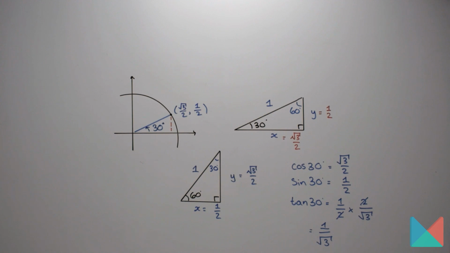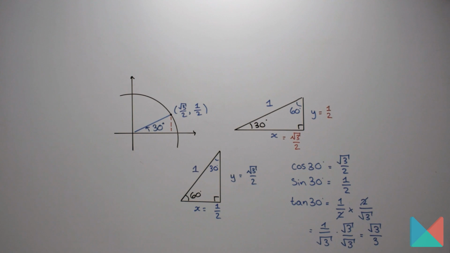And for completeness, let's leave our answer in the simplest form by rationalizing the denominator. So we're going to times and divide by root 3 on 3. And this is going to be root 3 times 1, which is the square root of 3, divided by root 3 times root 3, which is root 3 squared, and the square roots cancel out, so it's equal to 3. And so we find that tan of 30 degrees is the square root of 3 over 3.